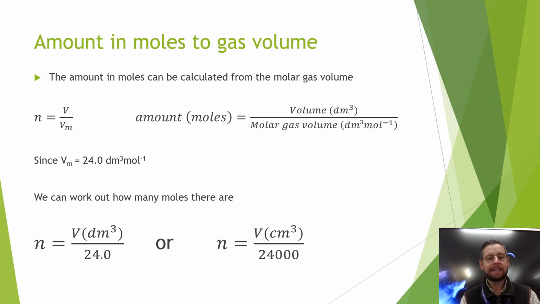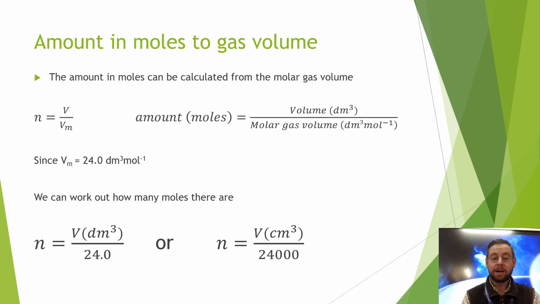Now, how we can relate this together formally is to work out that the amount of moles is equal to the ratio of whatever volume you've got divided by this molar gas volume. What fraction of that molar gas volume have you got? Because that is what fraction of a mole you have.